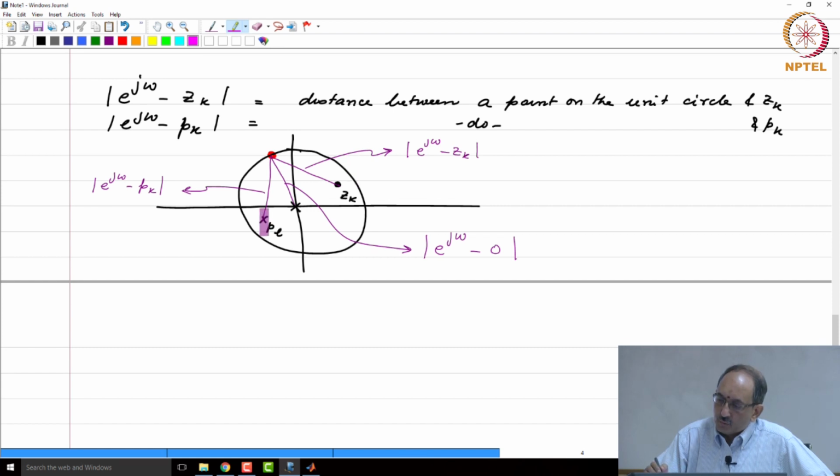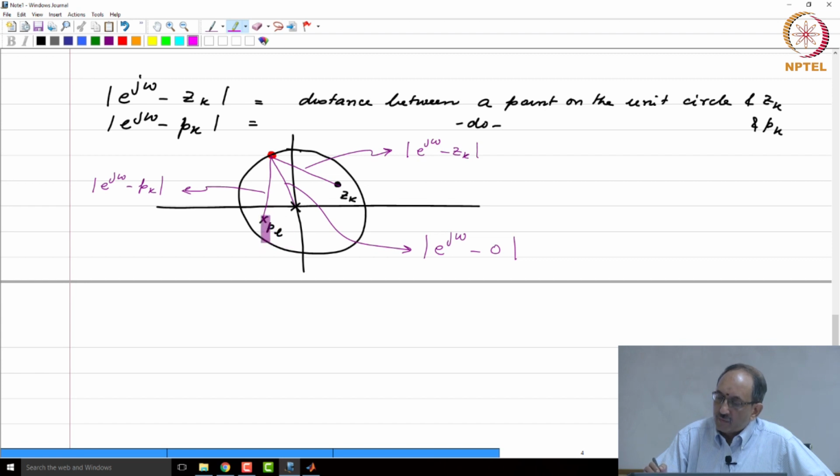Similarly, suppose you are near a pole, which means say you are here on the unit circle, then this particular distance will be very small. So, what was happening in the numerator is now going to happen to the denominator, and hence the product of all the distances will get pulled down because it is getting multiplied by this small factor, and hence the denominator will get small and the overall transfer function will have a large value.